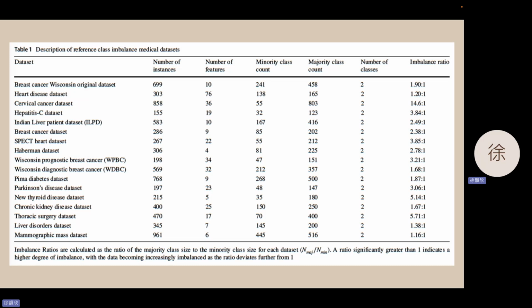For example, the imbalance ratio of the cervical cancer dataset is as high as 14.6 to 1. A larger ratio indicates a higher degree of imbalance in the dataset.